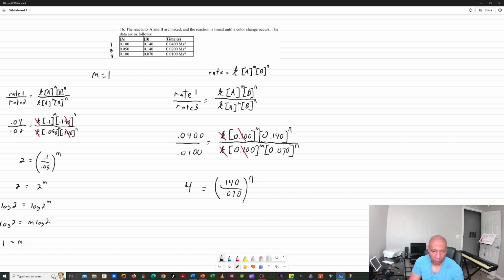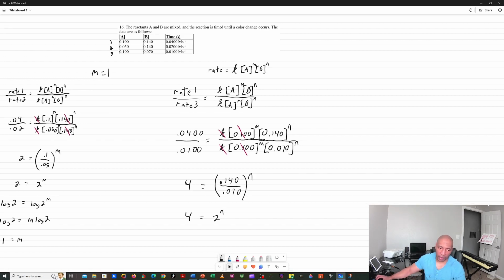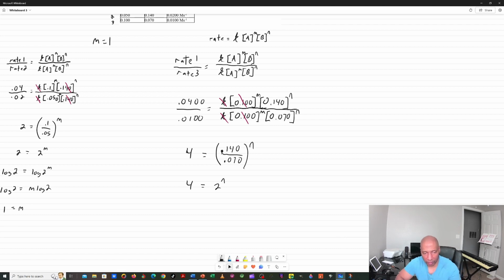Of course, that's a decimal sign right there. 0.14 divided by 0.07 is 2, so I'm going to say 4 is equal to 2 to the n power, and it's obvious that n is going to equal 2, but we're going to pretend like we don't know that. So I'm going to say the logarithm of 4 is equal to n times the logarithm of 2. So the logarithm of 4 divided by the logarithm of 2 is equal to n.